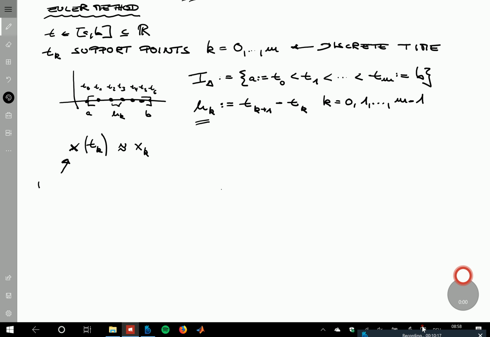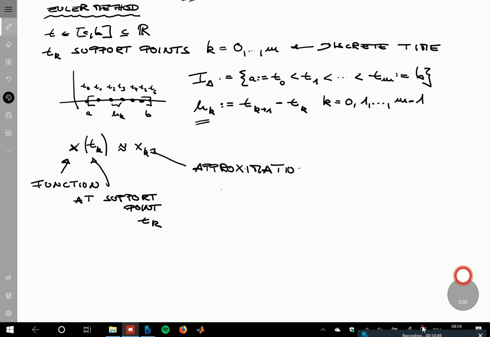This is the function at support point tk, and this is the approximation of x tk.